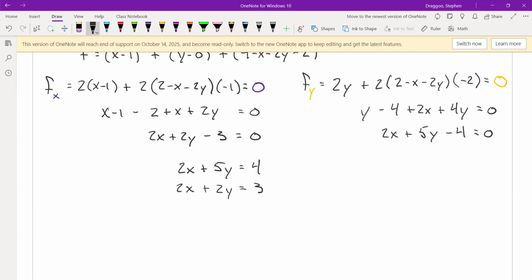I'm going to take my two lines, set them on top of each other, and just subtract one equation from the other one. And I like this method this time because I see a 2x show up in both of my equations. So if I just take their difference, the x part will go away. I'll just be left with a y value, which I think is 3y equals 1.